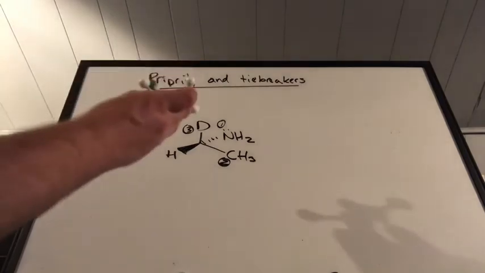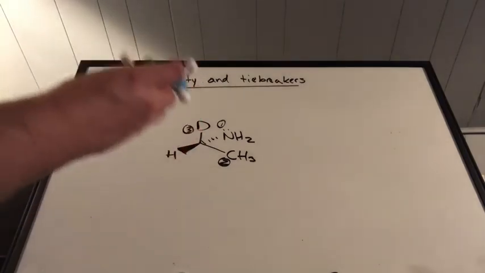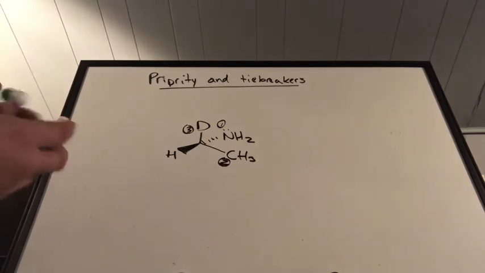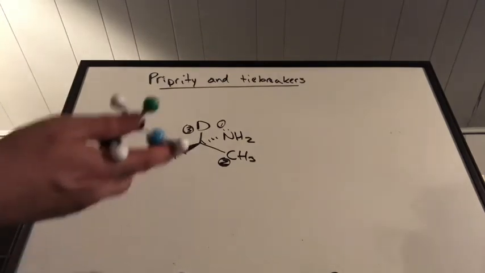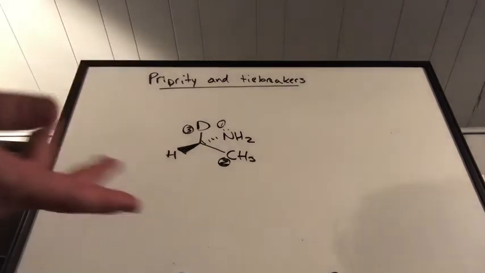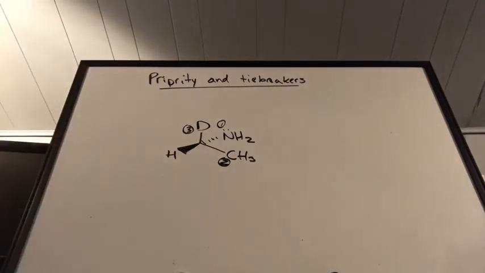So you've got to pay attention to how things are connected. Again, I think these model kits are really worth their weight in gold, even though they're plastic. They'll really help you out and get you out of a serious bind, especially if you're thinking about Fischer projections and zigzag models and what have you.